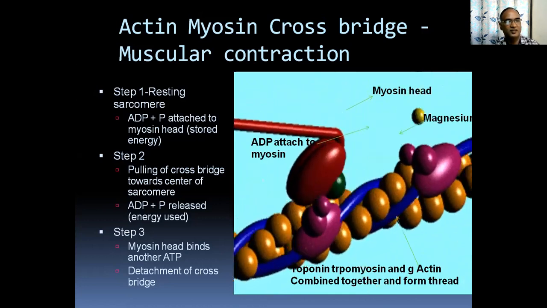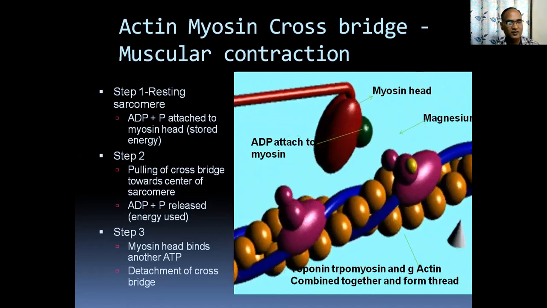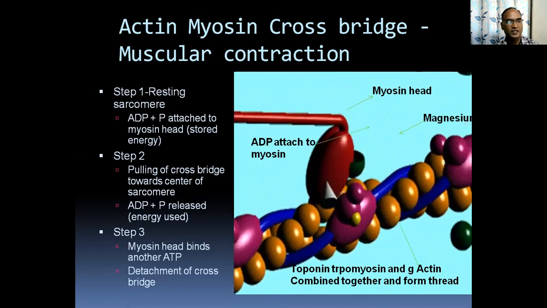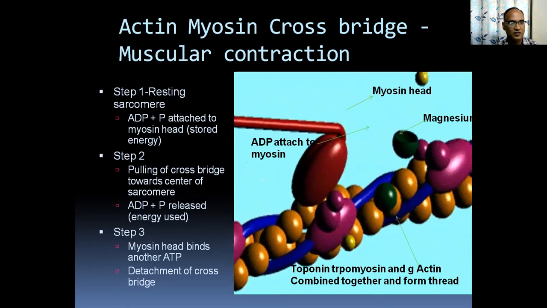The adenosine triphosphate then breaks off one phosphate, releasing energy. That energy is utilized for your muscular contraction.